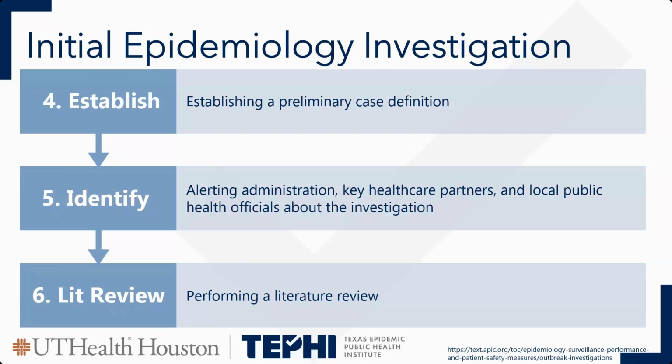Next then goes into our literature review. At this point, when you're talking to local public health, they might give you guidance and they might already say, yes, this pathogen has been in the community, we've seen it at other facilities, here are our handouts, here are the things that we advise you to do. Or they might reference you back to CDC. They might give you a paper. So a lot of times, before you start doing your own research, definitely ask for their advisement of what is their policy, do they have handouts?